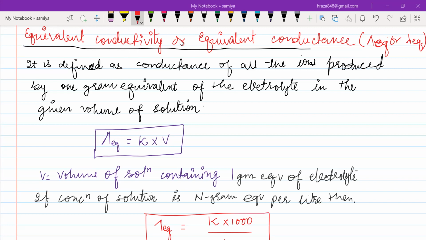Okay. So here we got two formulas, for equivalent conductivity and molar conductivity as well.